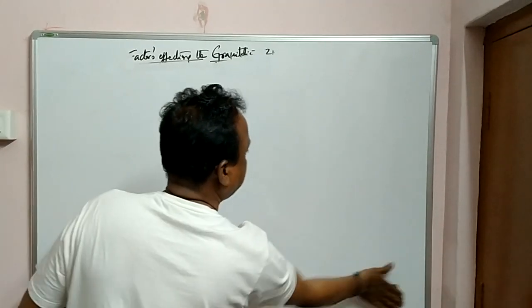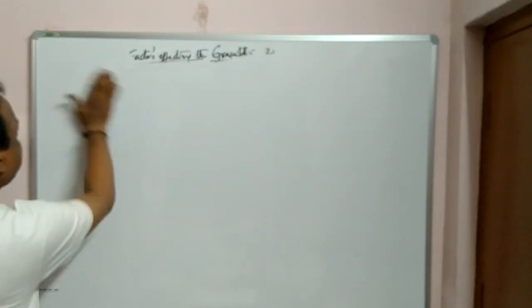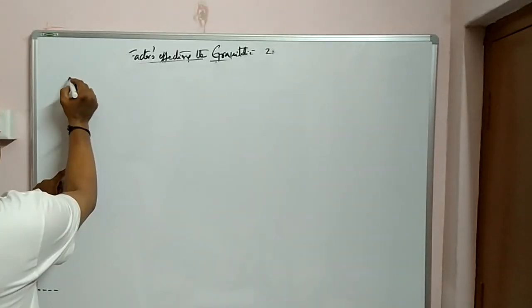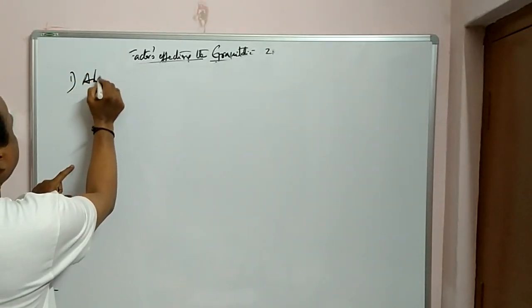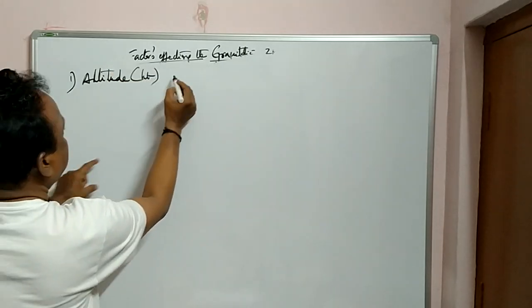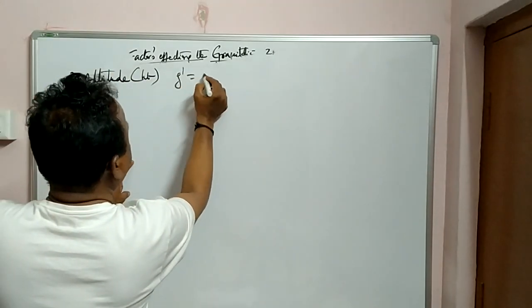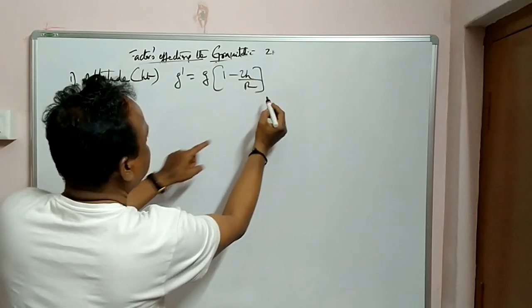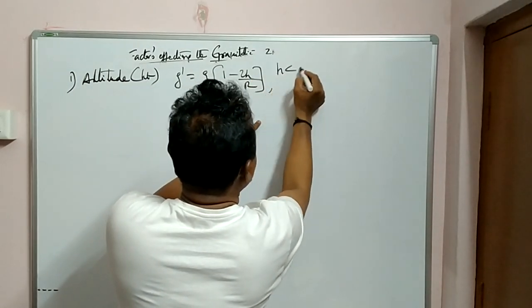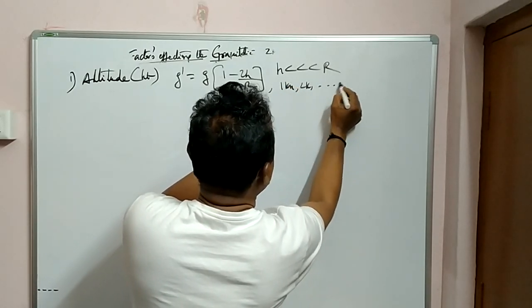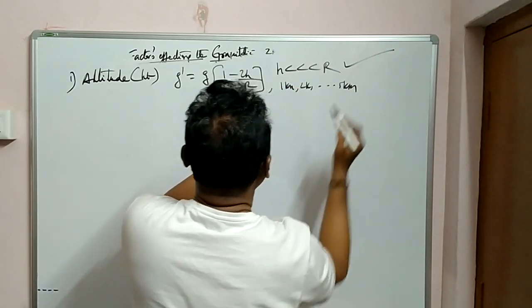Now we will see some conditions for the depth condition. See, as I told you, first, what happened due to altitude? Due to altitude or height, what is the formula? G dash is equal to G into 1 minus 2h by r. When h is very much less than r, like 1 kilometer, 2 kilometers up to 5 kilometers, you have to use this formula.